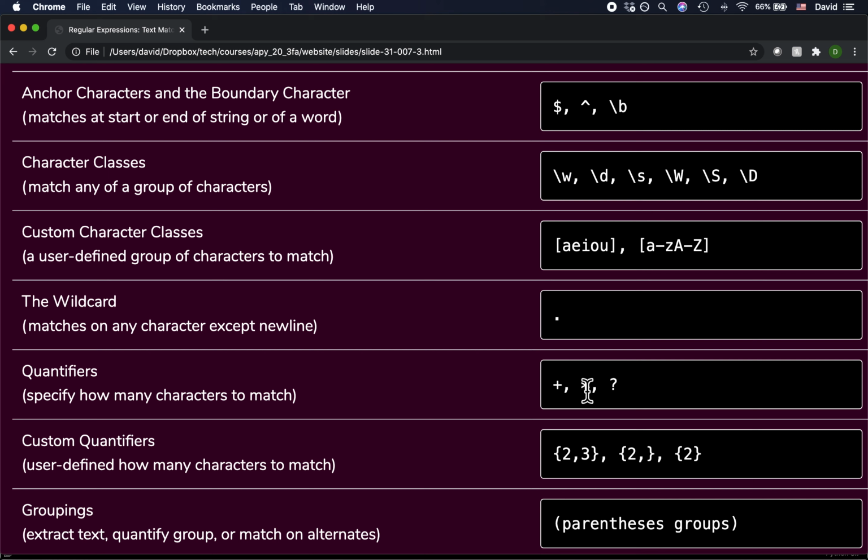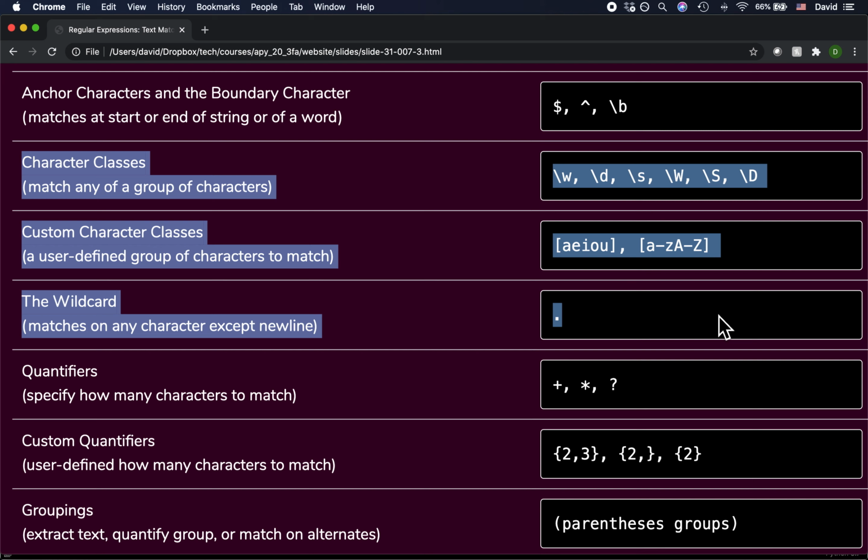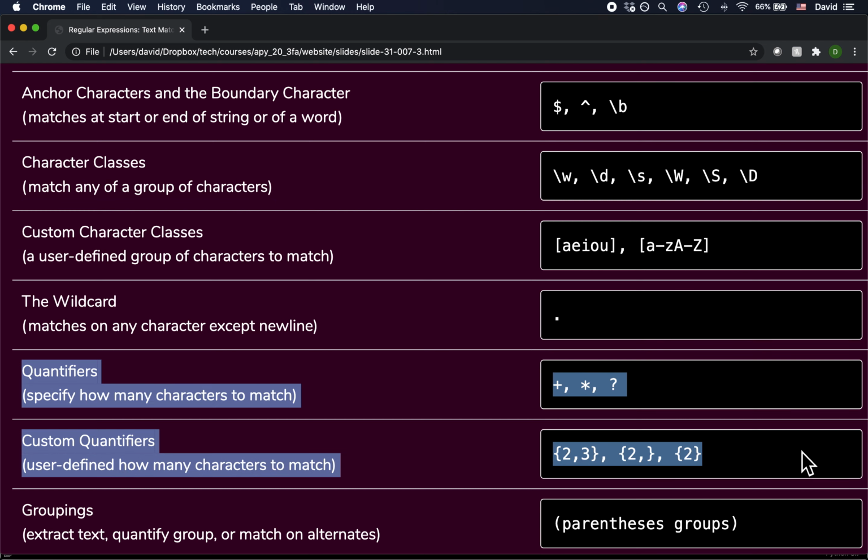I boiled the regular expression bestiary down to some basic categories. First, the anchors, that say I match at the beginning or I match at the end. Then the character classes, which say I match on any one of this group of characters. And then finally, the quantifiers, that say how many, and then the groupings.